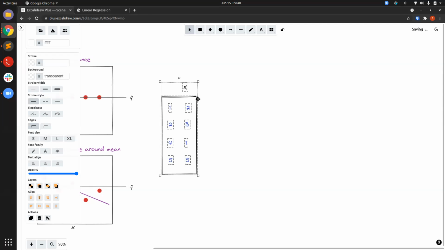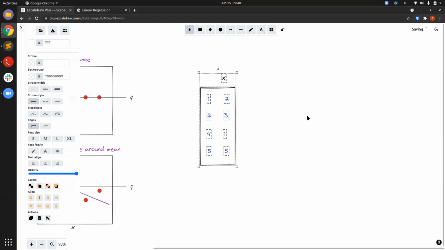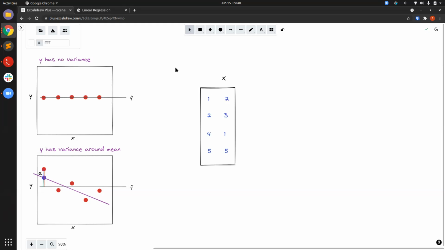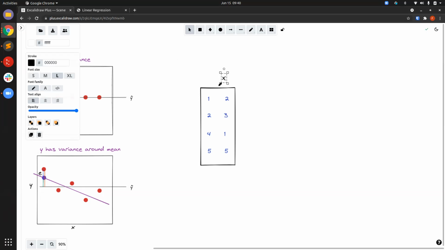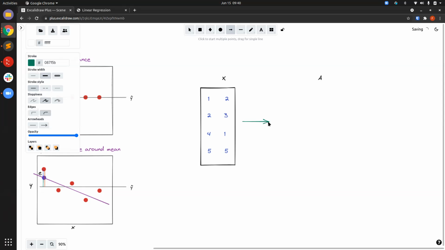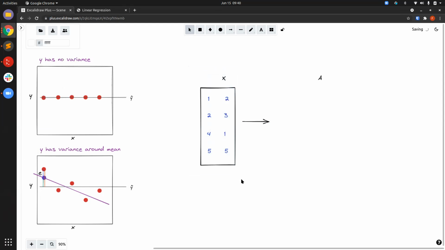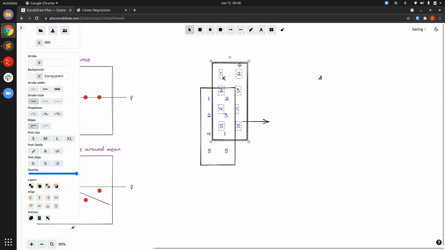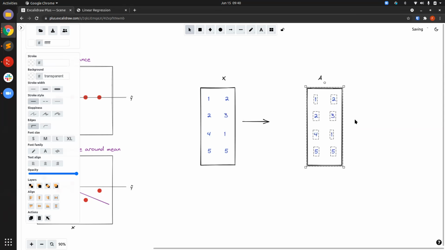Okay, so suppose I have a matrix of data that looks something like this. Now I need to compute the matrix with the column of ones. So let's do that. I'm going to call it A. So take the same matrix, add a column of ones at the beginning.